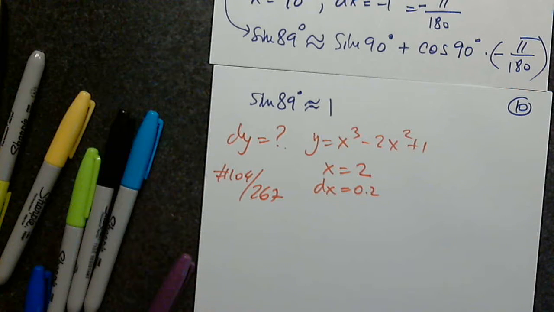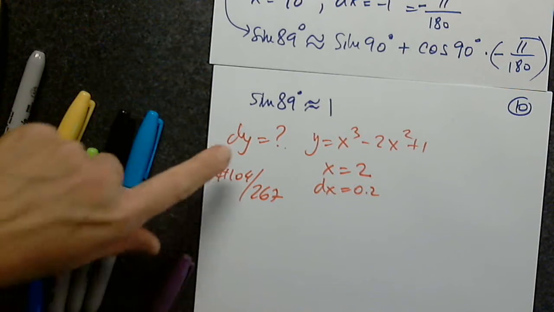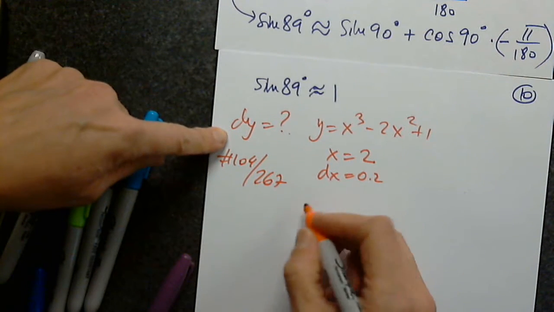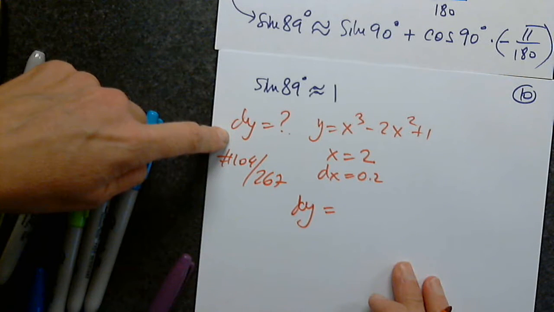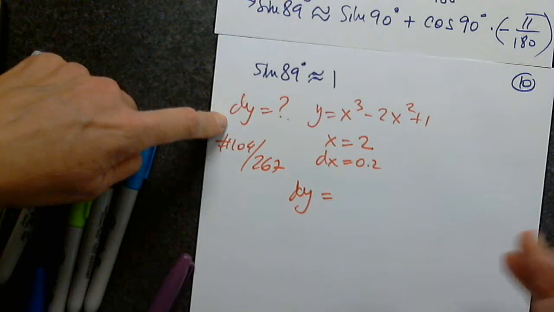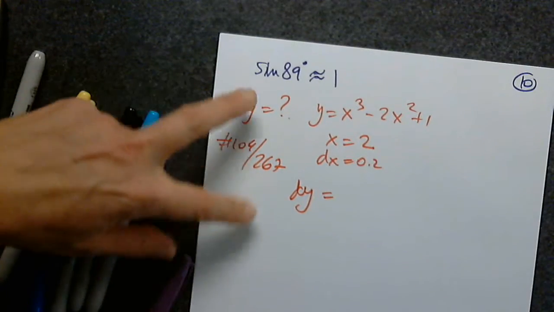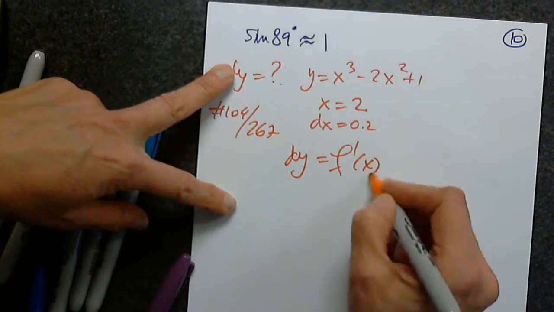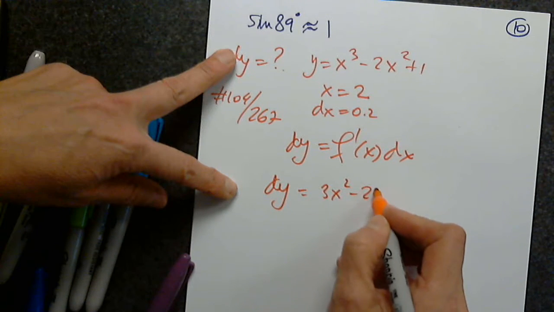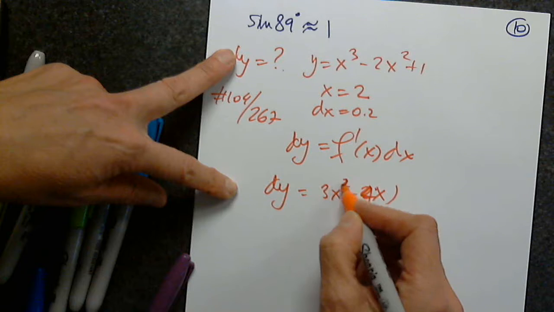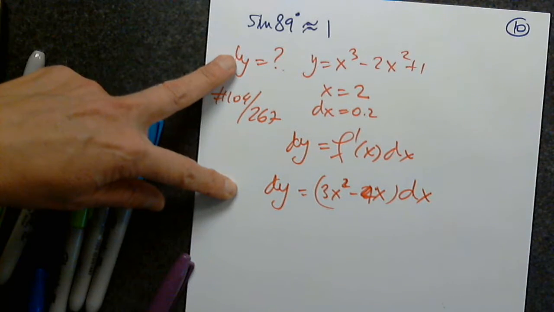This is just like what we did, right? Just the last problem almost. No, we're asked to find the differential of y. The formula for the differential of y is f prime of x dx. So then dy will be 3x squared minus 4x times dx.